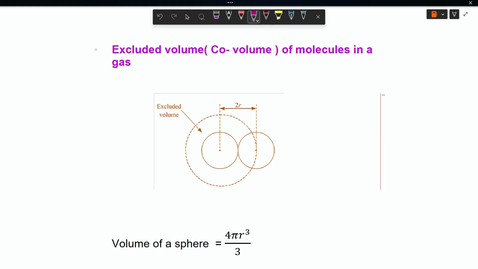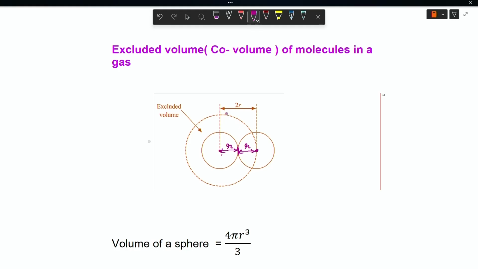Here are two gas molecules. This is gas molecule 1, the other one is gas molecule 2. Take their closest approach. The distance between the two centers will be the radius of one molecule up to this point, and from here to this point, the radius of the other gas molecule.